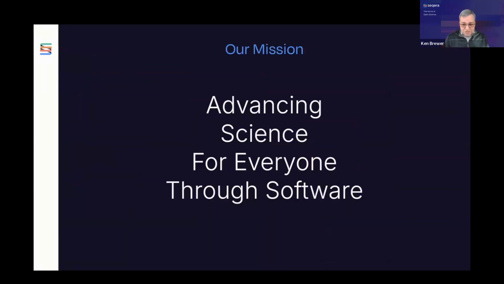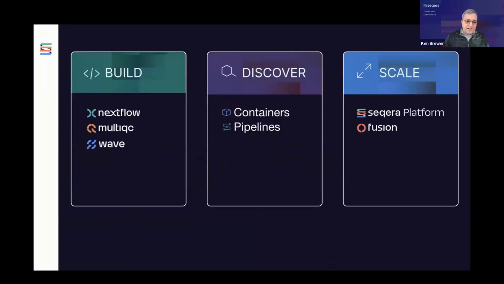And we see our mission at Seqera as advancing science for everyone through software. This just comes from the idea that better software can really enable better science. The core pillars of how we try to do that as a company, we like to talk about in terms of our tools for helping scientists build, which is mainly Nextflow, MultiQC, and Wave.